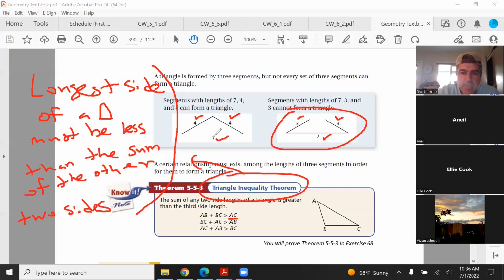Also, you could say that the shortest side has to be greater than the difference of the other two sides. That's another way you could look at this too.